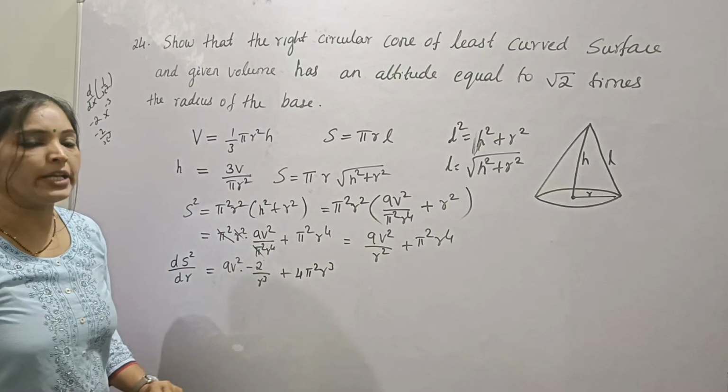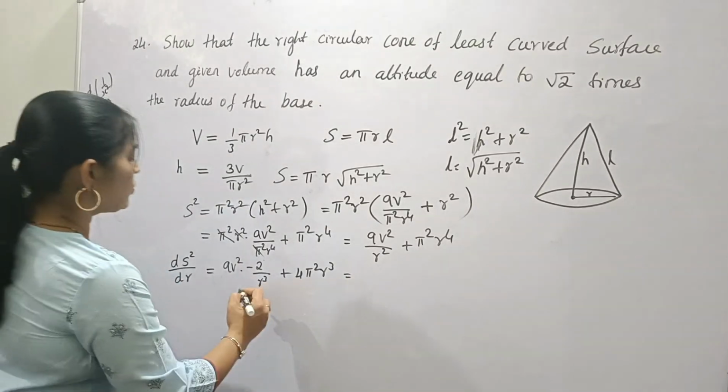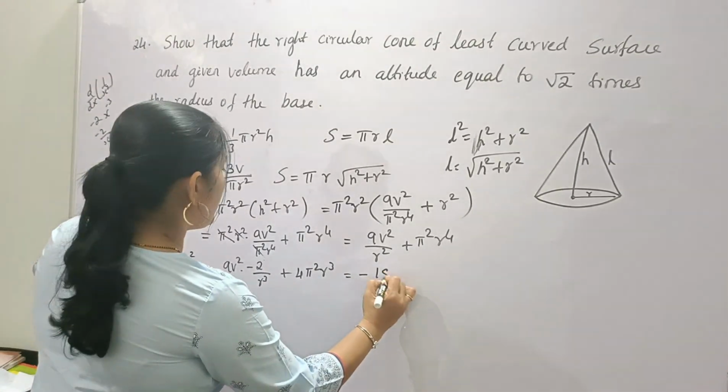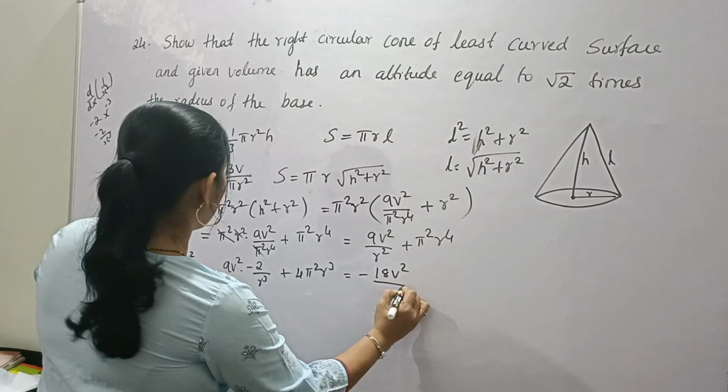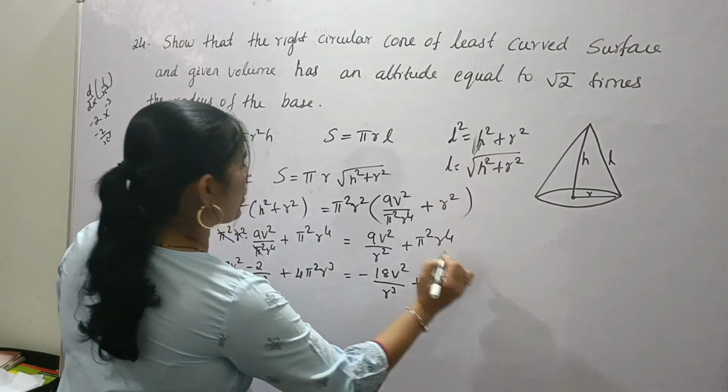Then that is equal to minus 18v square divided by r cube plus 4 pi square r cube.